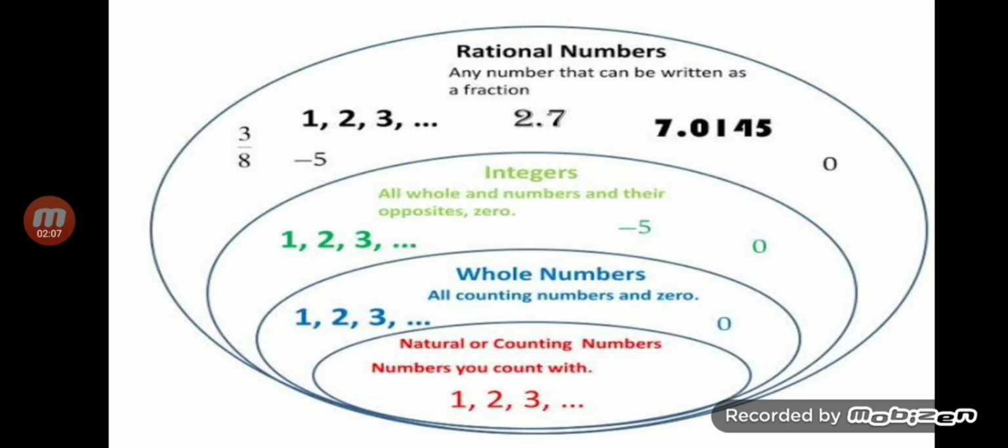It can be whole numbers as well as integers. You can find positive numbers as well as negative numbers. It can be fractions. It can be whole numbers. But it should be in the form of p by q, where q is not equal to 0.